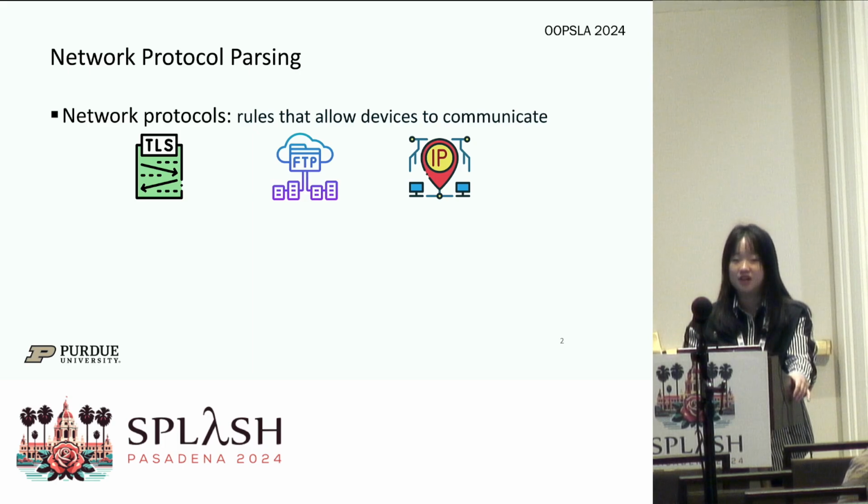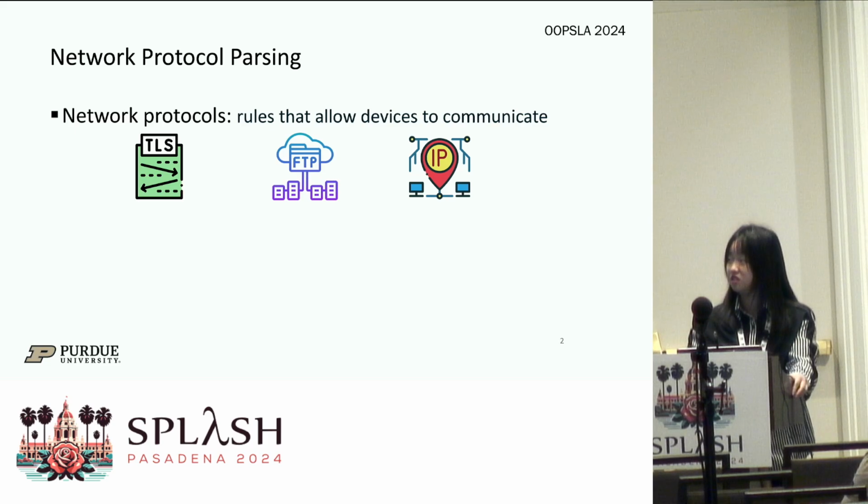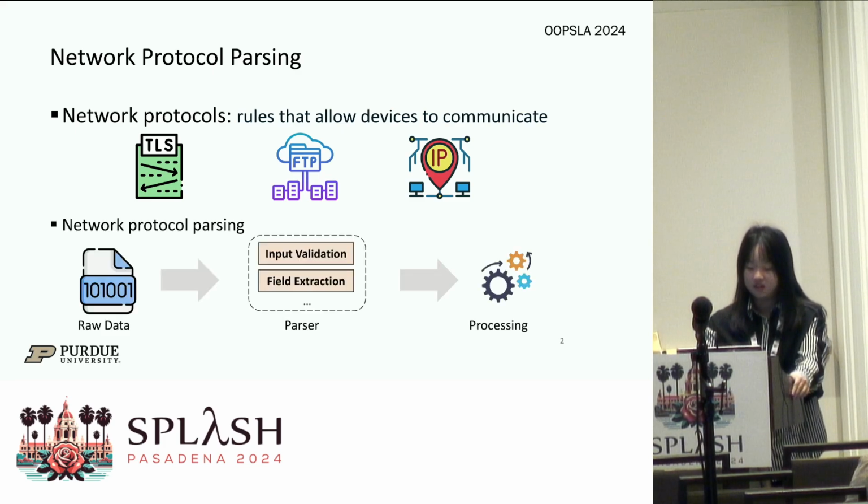Network protocols are rules that allow devices to communicate, like the TLS protocol for secure communication, the FTP protocol for file transfers, and the IP protocol for routing data. Network protocol parsing is a key step where incoming data is checked and broken down.